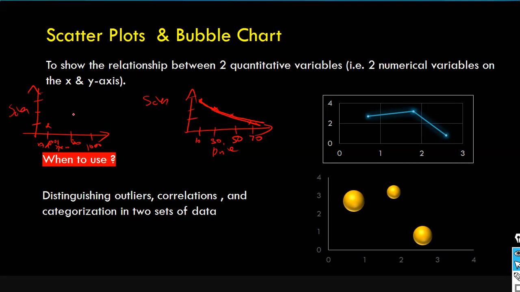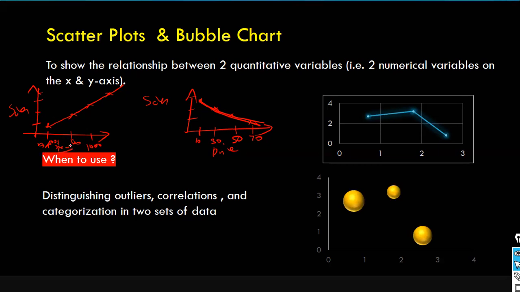When you started spending more on ads, you can see an upward trend. When you join these dotted lines, it will be like a straight line. So when you see an upward line like this, where something goes up and something goes up with it, there exists a relationship between these two numeric variables.